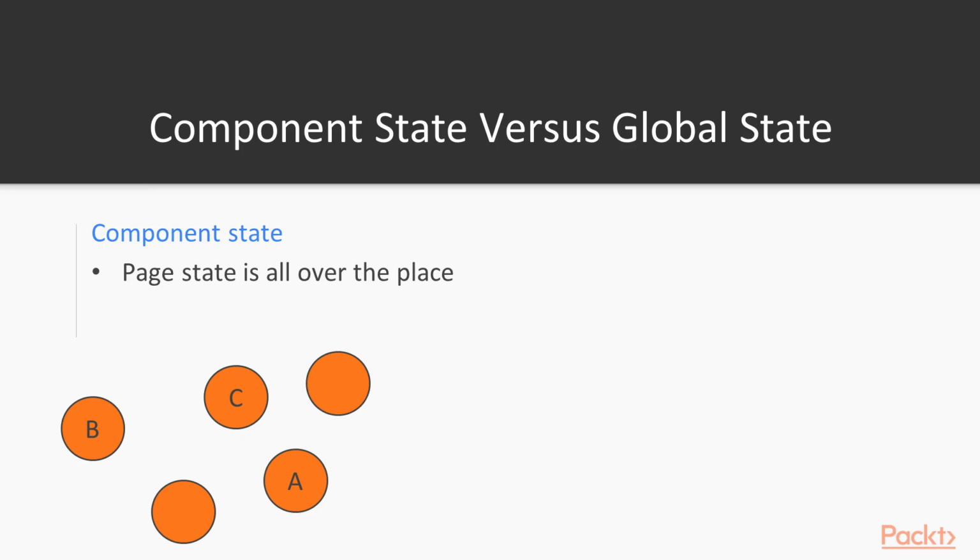If we treat our component state as a combination of different components, there are some components called A, B, C and some other ones. Maybe the state of A depends very much on the state of component B at one point. But also, component A needs part of the state from component C to show accumulation of the states.